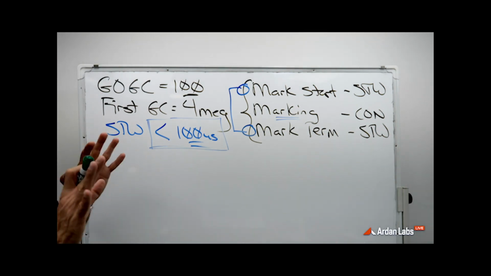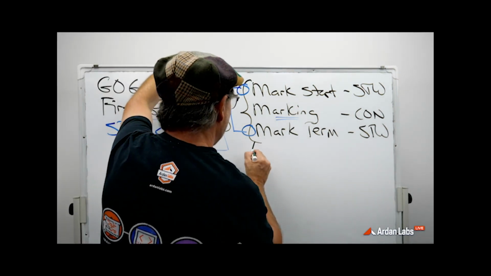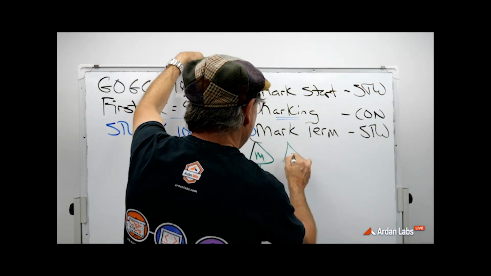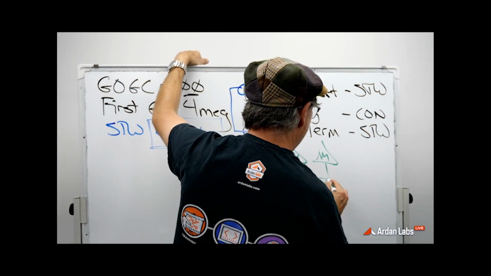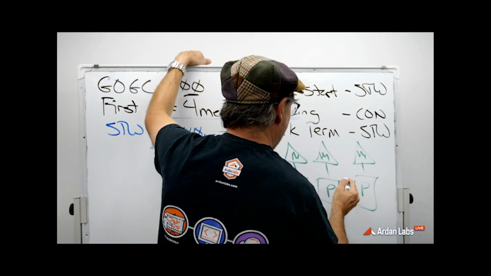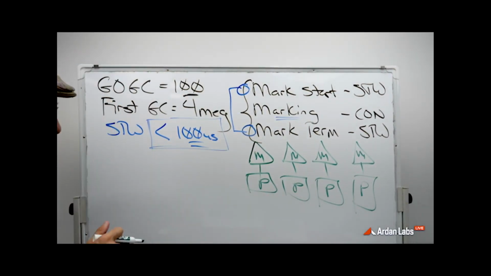Let's imagine right now that we are a 4-threaded Go program. So I'm going to draw 4 P's with 4 M's, and I'm going to say that we are a 4-threaded Go program. You hear me say this a lot throughout the class, that we're a 16-threaded Go program, a 4-threaded Go program, an 8-threaded Go program, because it really does matter in terms of being able to have a mental model of how this stuff works.